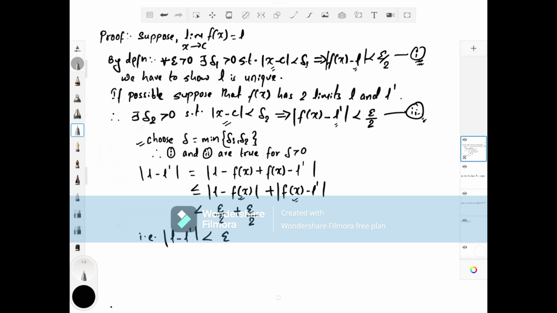This was the reason I used epsilon by 2 earlier, because I knew that I would be adding both of them later on, and just to obtain epsilon and make it look good, I used epsilon by 2. This epsilon is an arbitrarily small number, and you can choose it to be anything. There is no rule to choose epsilon by 2 here. You can choose epsilon in 1 and 2 and obtain 2 epsilon later, and it will be just fine. It doesn't matter. Just to make it look good, I chose epsilon by 2.